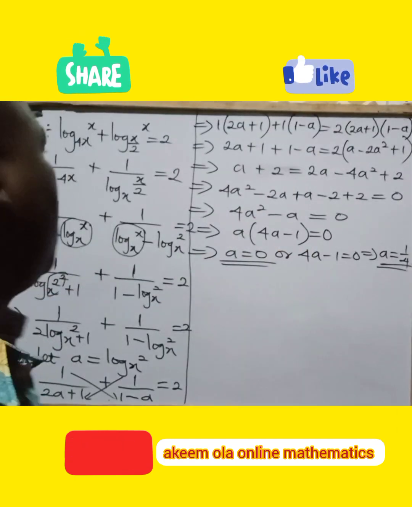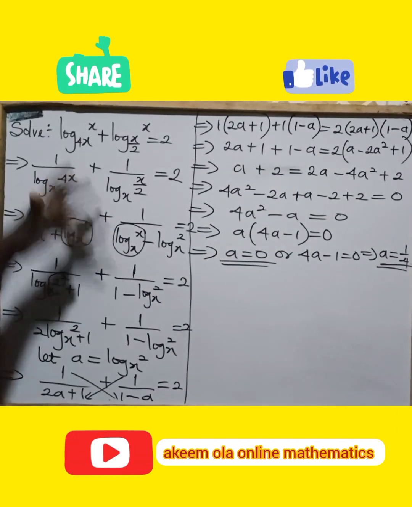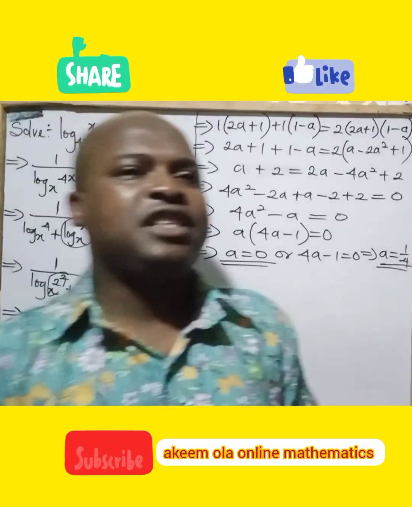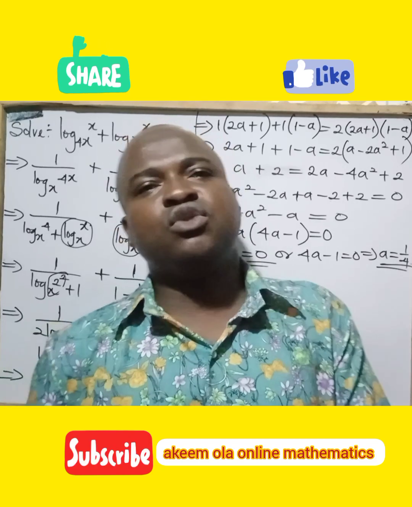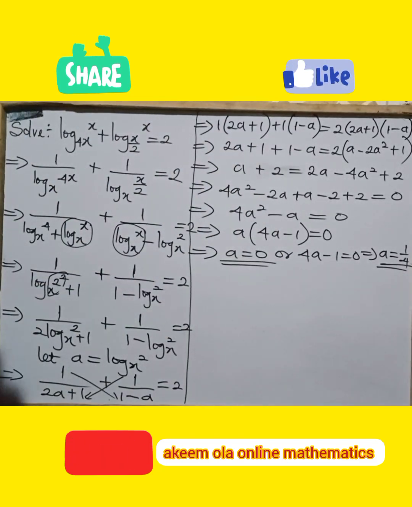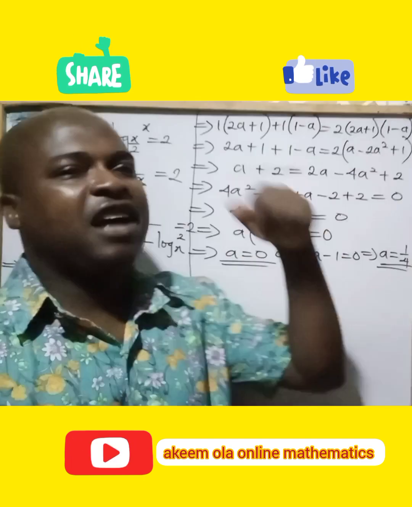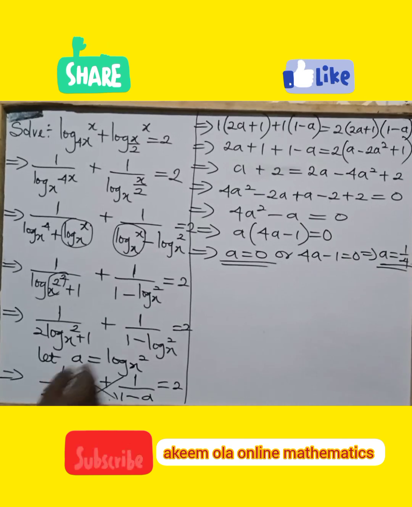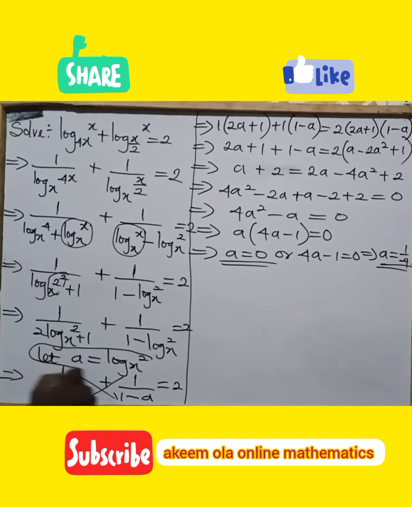But if you check very well, a is not part of the equation given to us. We are the ones that actually introduced a into the question. So we need to go back to the relationship between a and the letter that is used in the question. This is the relationship.